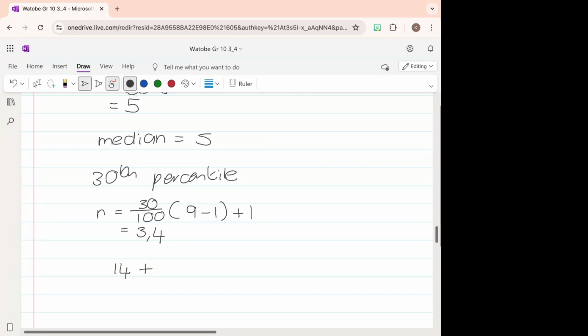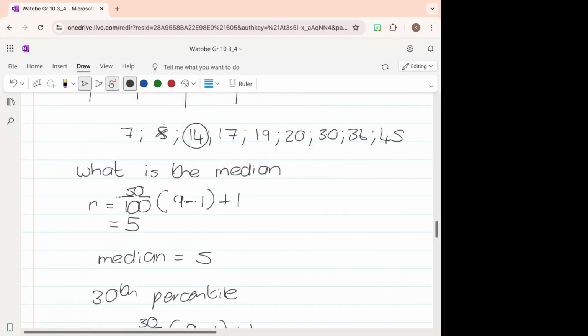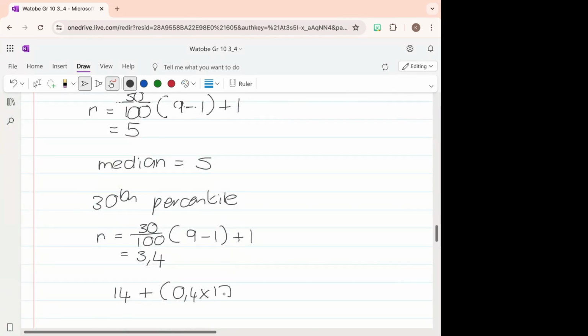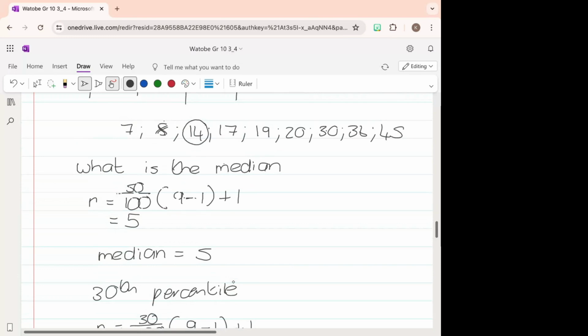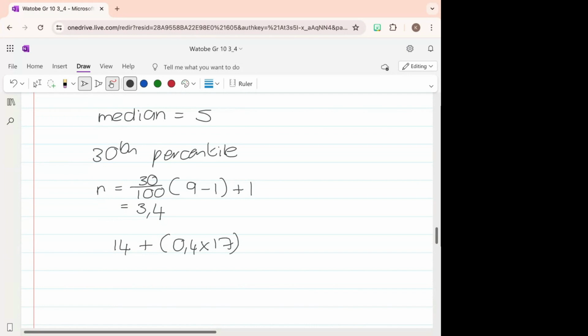You know what I mean? It's not sitting in the middle. It's going to be plus 0,4 times by 17. Why am I saying 0,4 of 17? Because it's 0,4 of the next one. Equals. What does that give you?